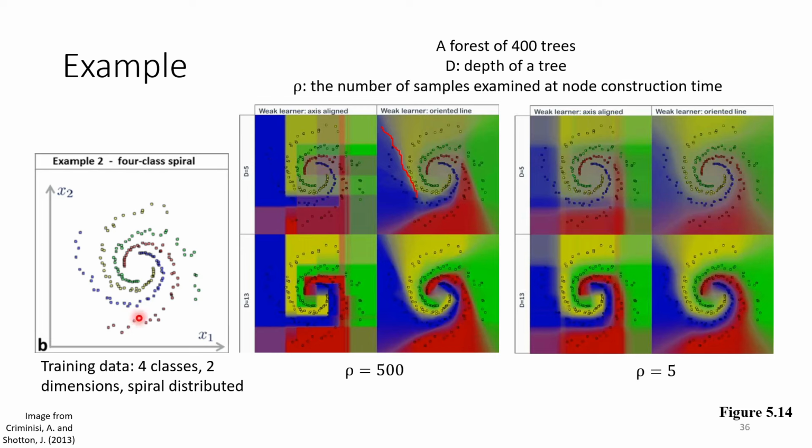And for this toy example, there are only 4 classes. There are 8 different settings, according to their depth, the number of samples, and whether we allow them to use an oriented line. From the 8 configurations, which is the best to separate, to classify the 4 classes?